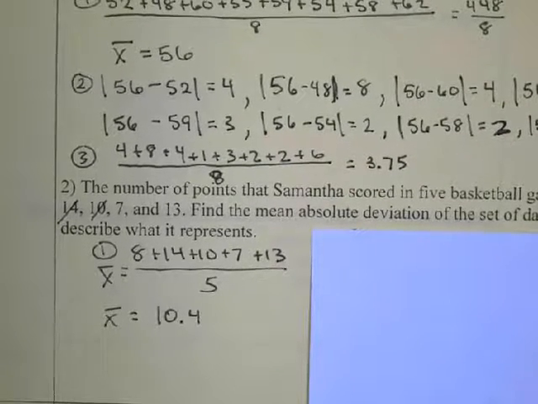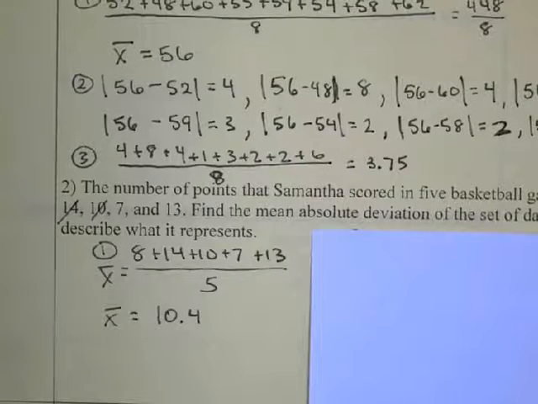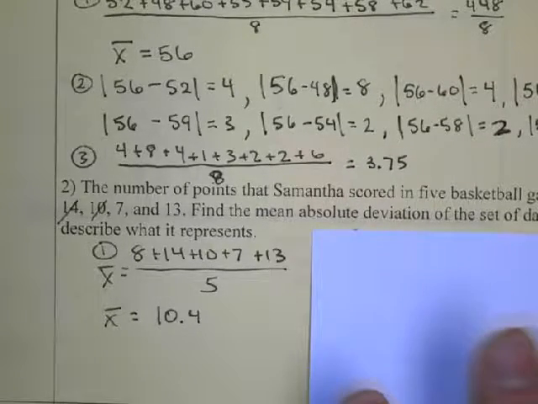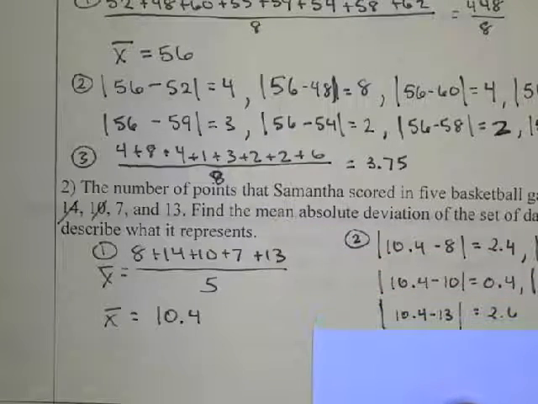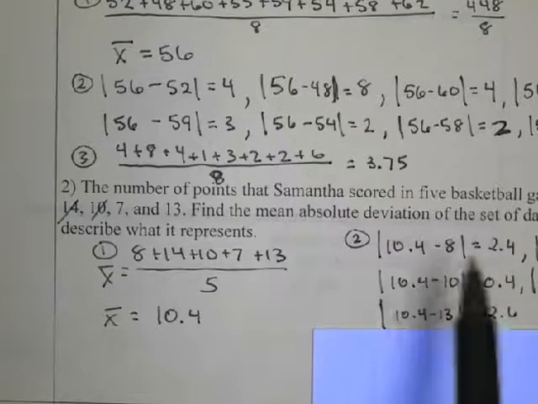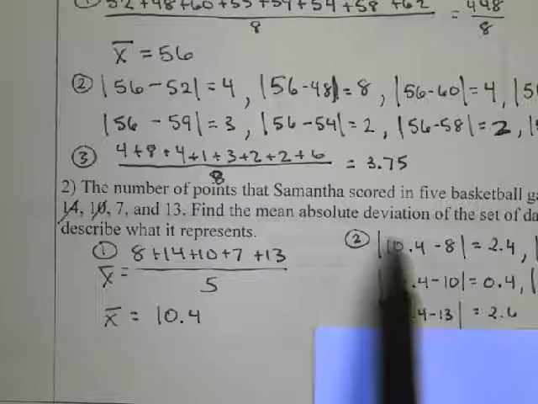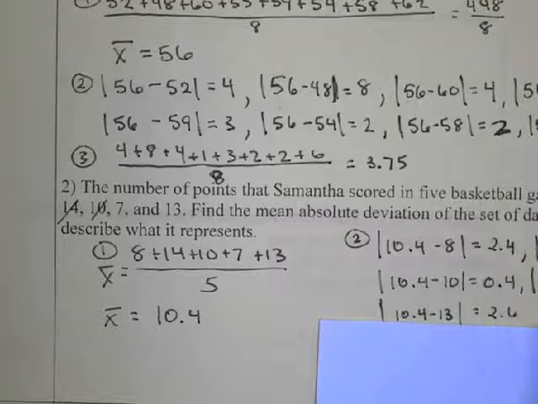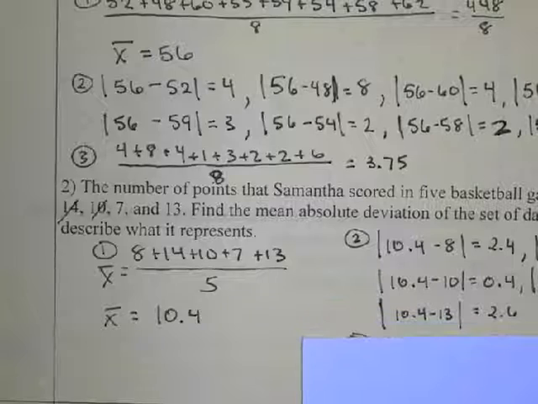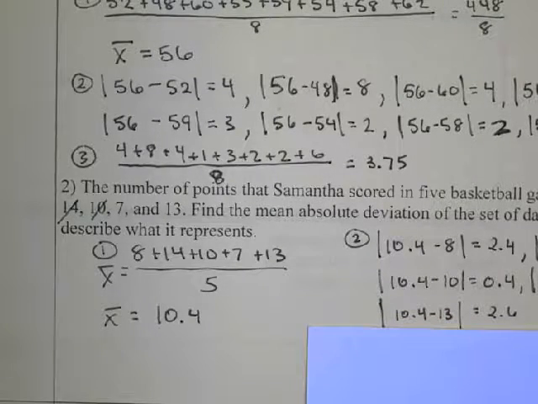Next, in step 2, we'll have to find the absolute value of the difference between each data point and the mean. So there's our step 2 information, where we subtracted each data point from the mean and took its absolute value. And there's our 5 values that we get from doing that: 2.4, 3.6, 0.4, 3.4, and 2.6.